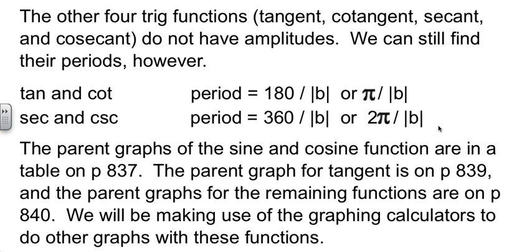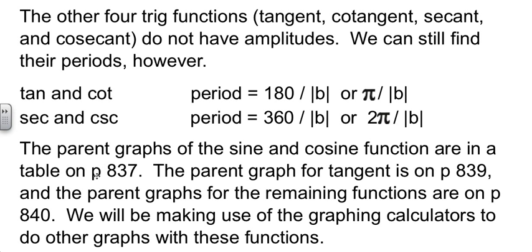You'll notice on your note sheet I left you some space at the bottom of the page. You will probably find it useful to have the parent graphs of sine and cosine and the other 4 in your notes, so that you'll have those handy for easy reference.